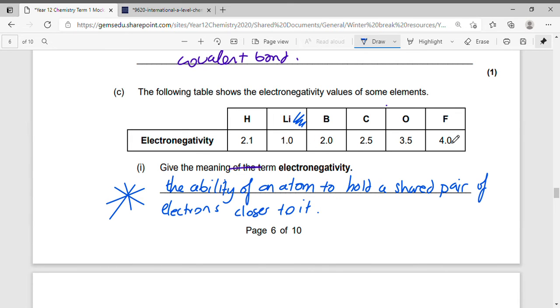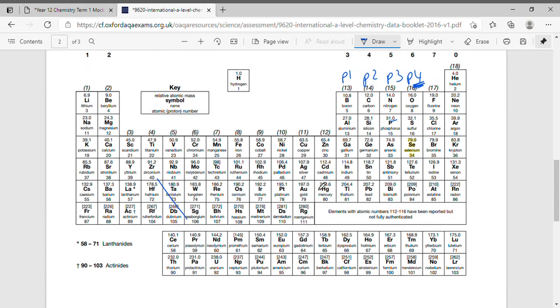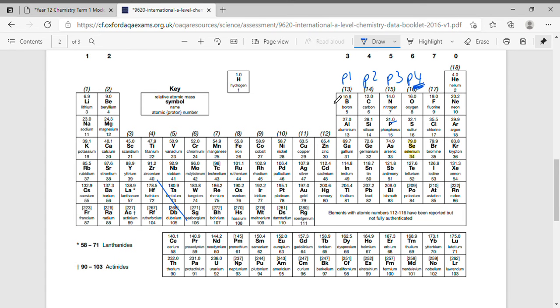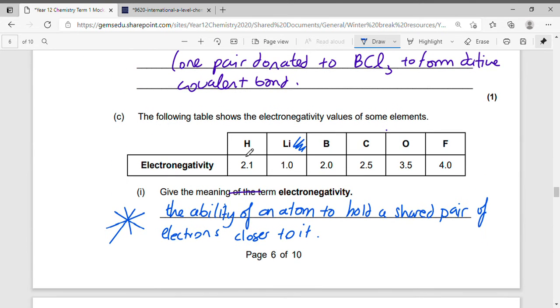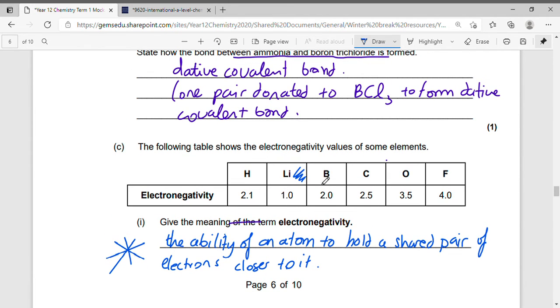Least polar. So O and F are quite electronegative, so let's ignore those for a second. Perhaps boron and hydrogen? Boron and hydrogen. Boron. No, not really.